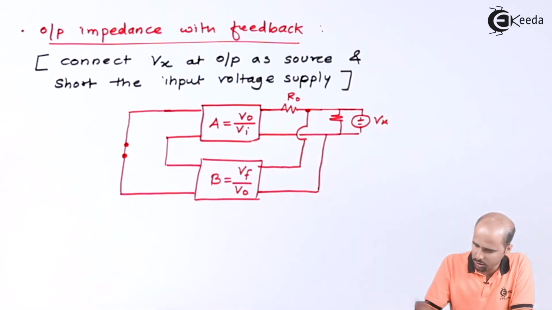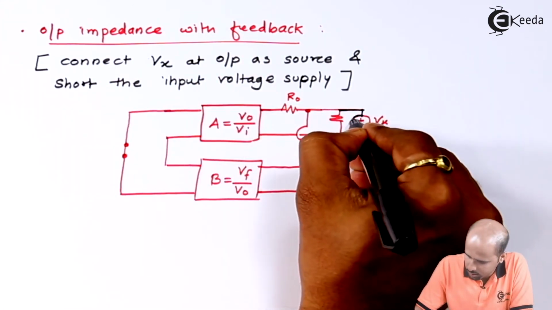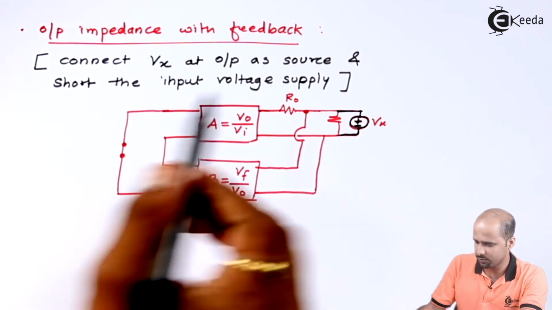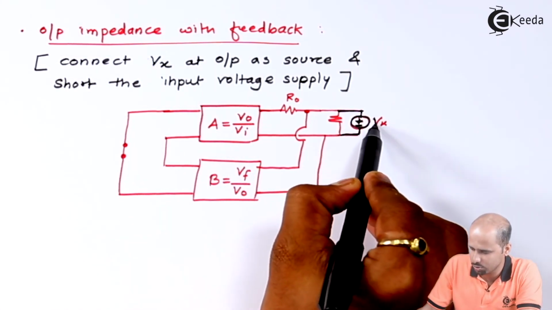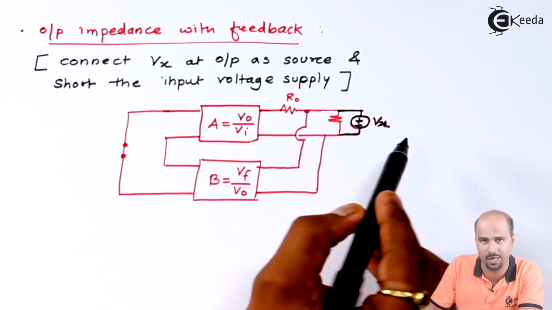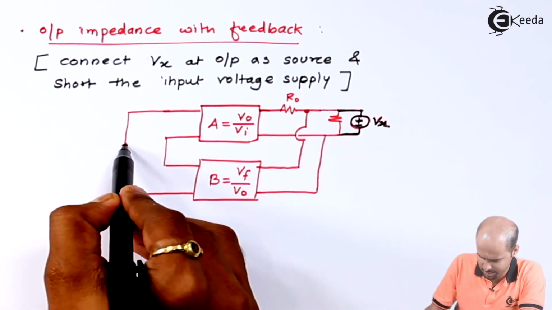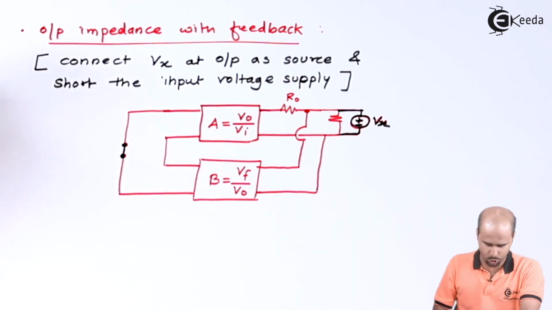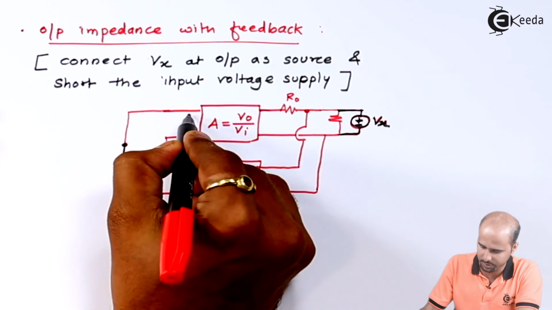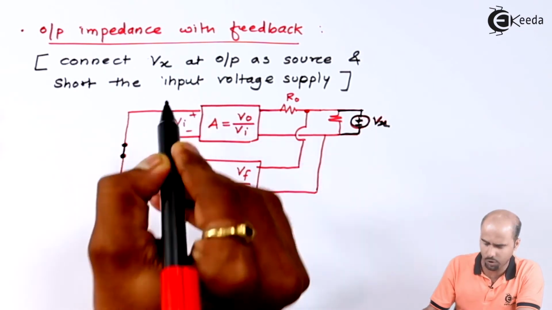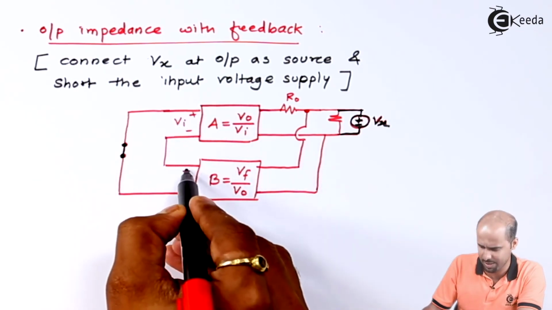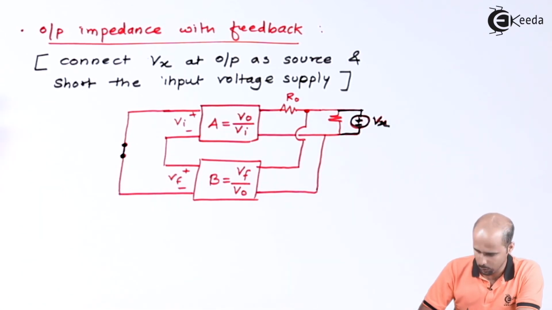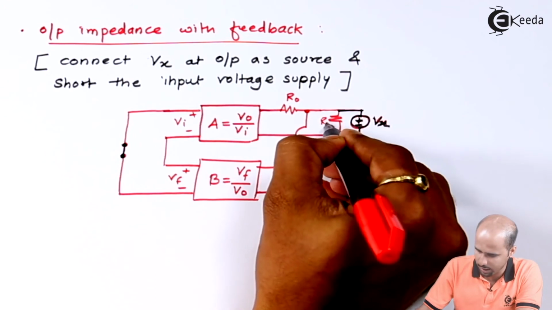So these two important parts we have to consider: connect the external power supply Vx, and second, short the input source. By shorting this input source, we'll get one mathematical equation, that whatever Vi I'm getting is the same as Vf as far as magnitude is concerned. Okay, hold on, this is the value of RL.